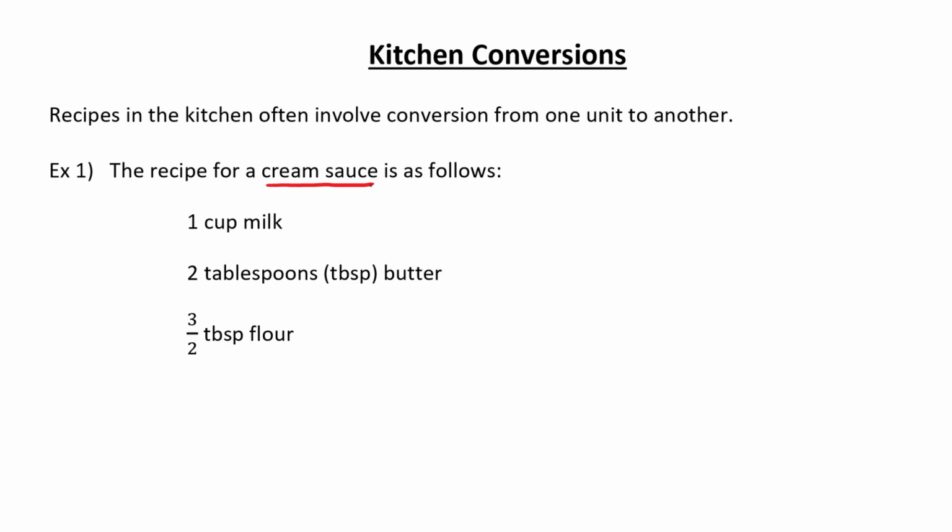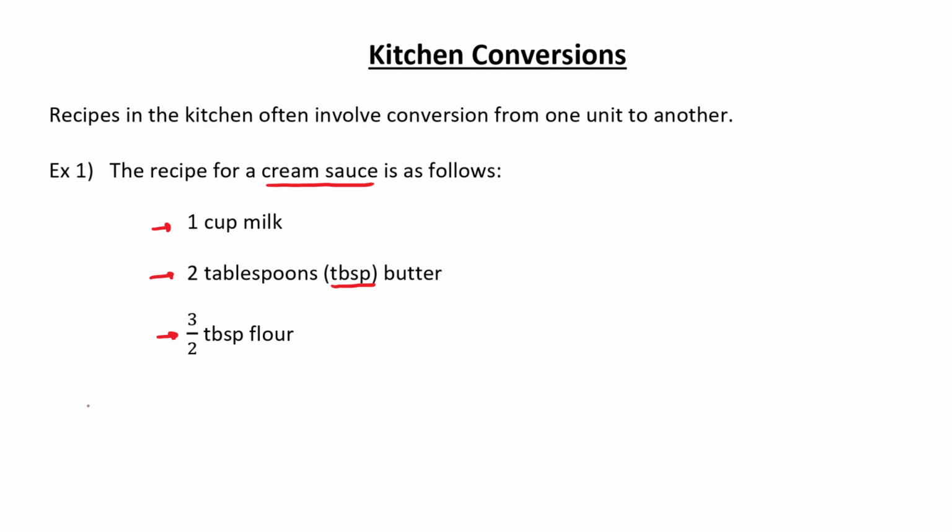Here we have a recipe to make a cream sauce. You can see we require 1 cup of milk, 2 tablespoons of butter, and 1.5 tablespoons of flour. Notice the short form for tablespoon.